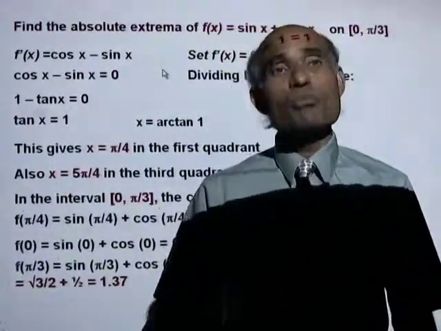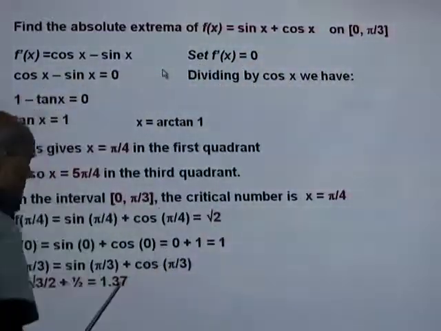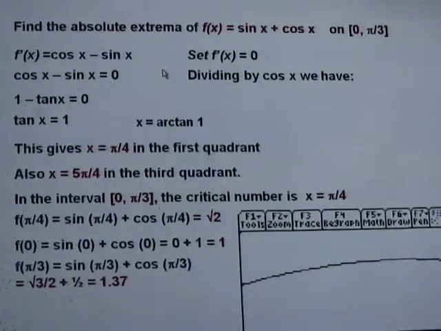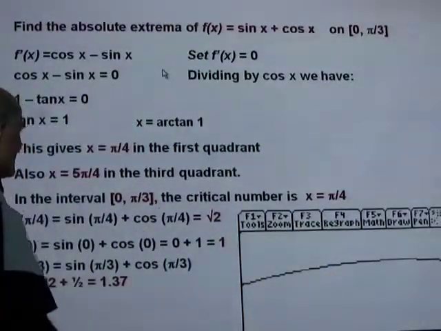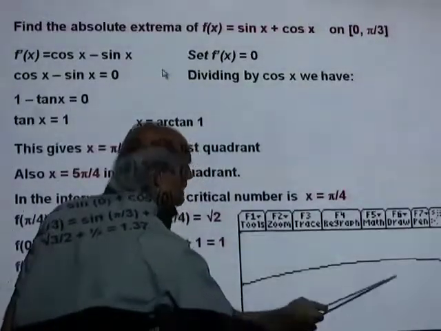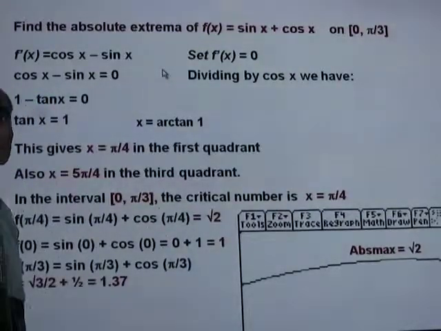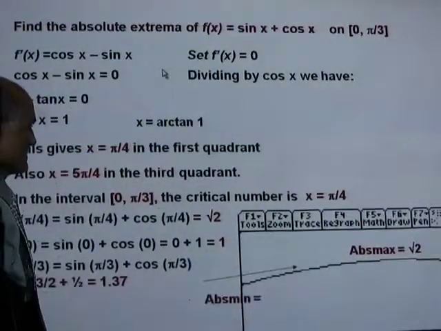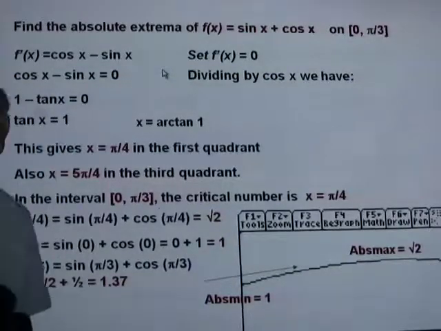Square root 2 is 1.414. So, square root 2 is greater than 1.37. And you can see the graph of the function. At x equal to pi by 4, the absolute maximum is square root of 2, and the absolute minimum is 1. That's right.